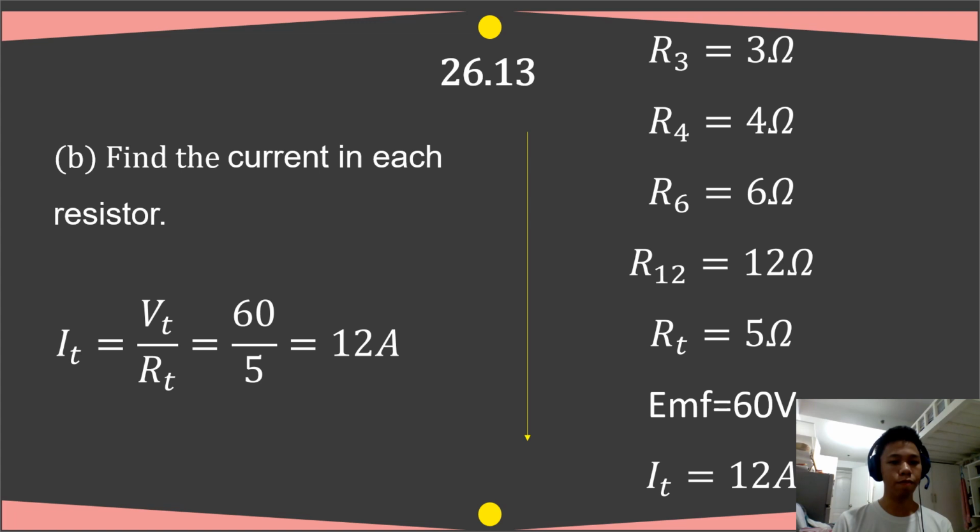Next, find the current in each resistor. First of all, we're going to get the total current in the circuit. We already found that RT is equal to 5 ohms, and VT is equal to 60 volts, since it was given in the problem. You just substitute it, and you're going to get 12 amperes as the total current.